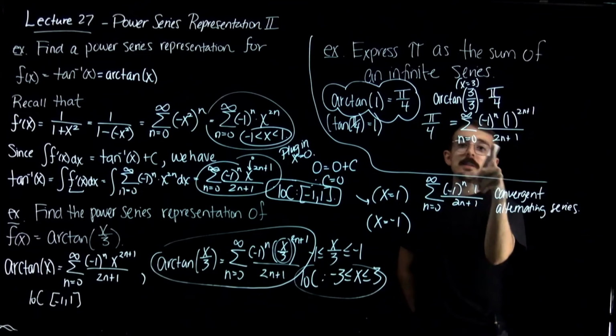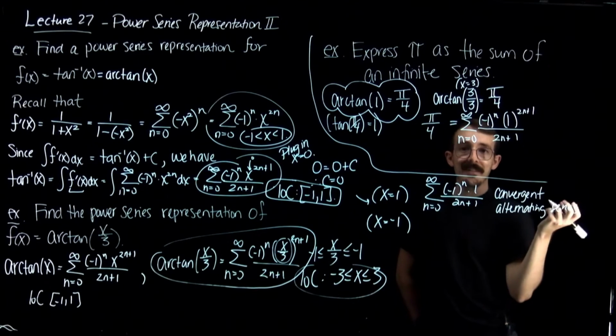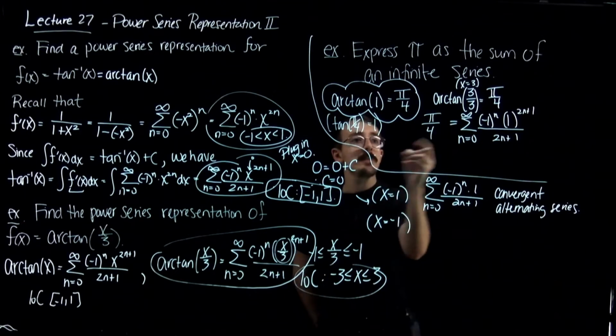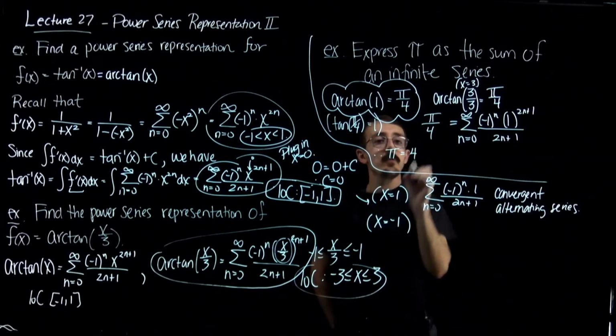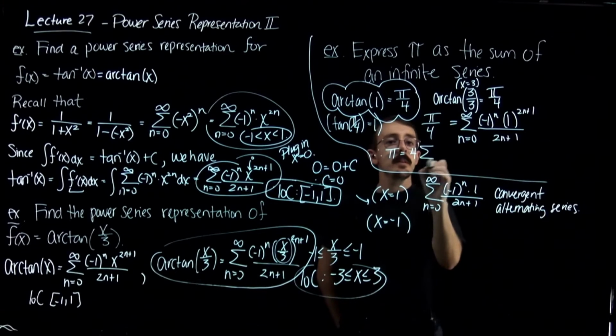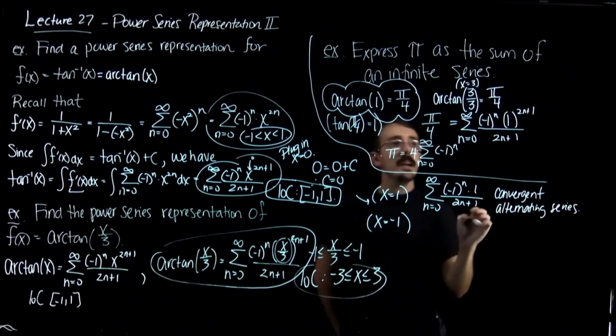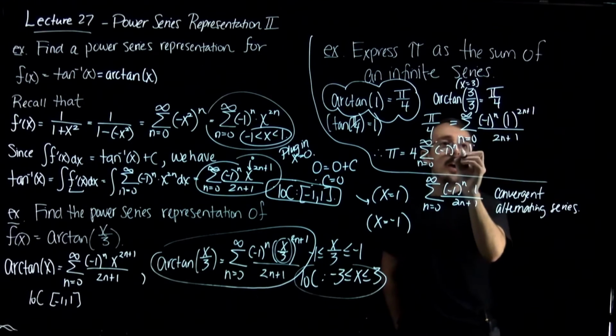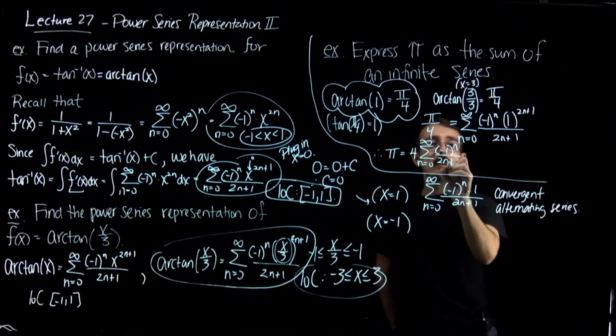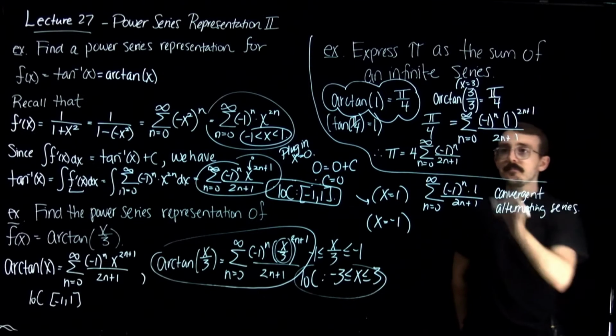I just need to multiply both sides by 4. So pi is equal to 4 times the summation n equals 0 to infinity of -1 to the n. 1 to any power is just 1, so I'm not going to write that. This will be over 2n plus 1.